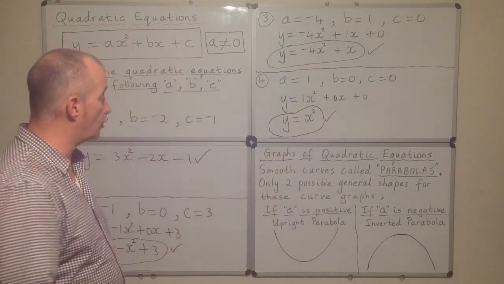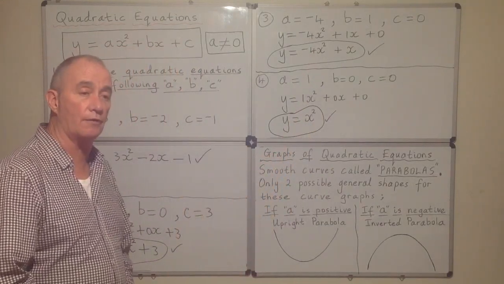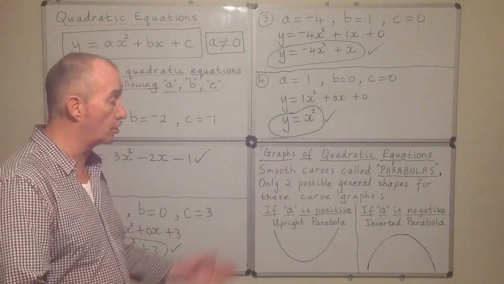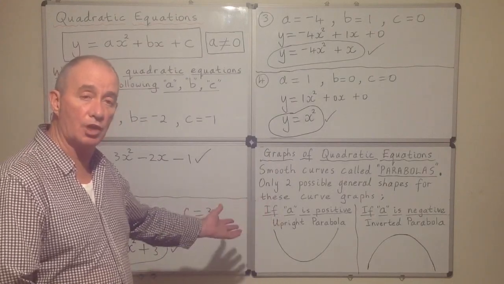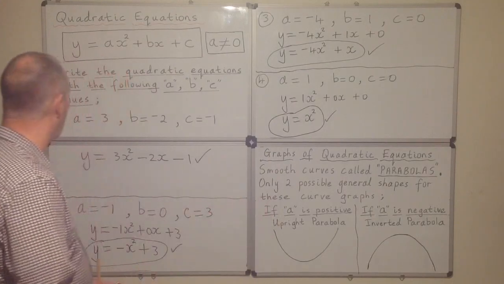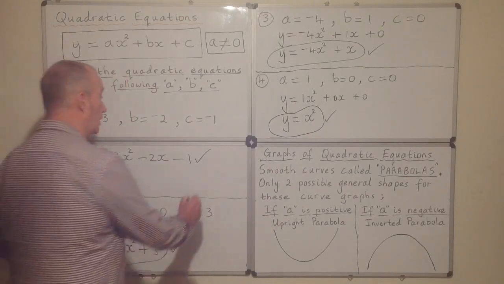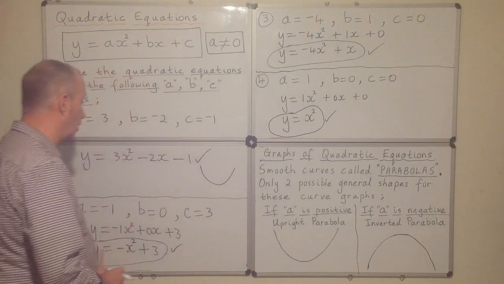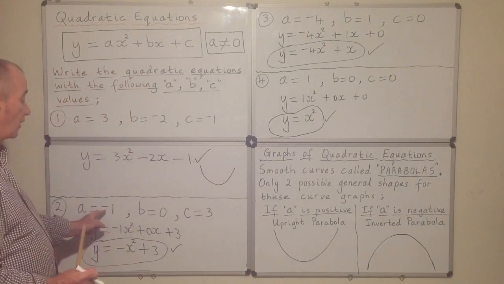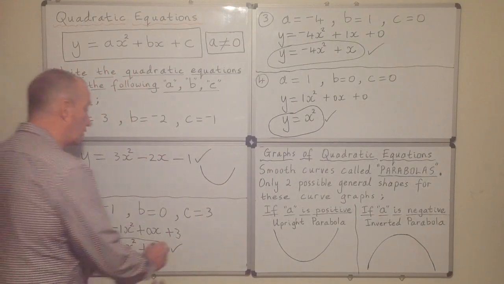Let's quickly go through questions 1, 2, 3 and 4 and decide which of the two possible general shapes the graph would be. Okay, question 1, the a value is positive, so it would be an upright parabola. Question 2, the a value is negative, so it would be an inverted parabola.